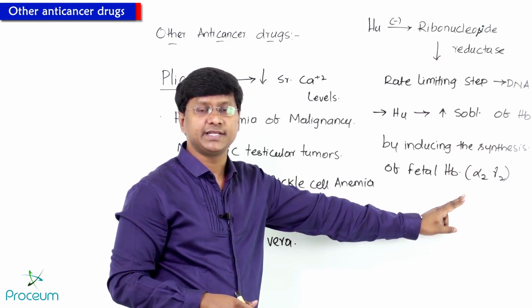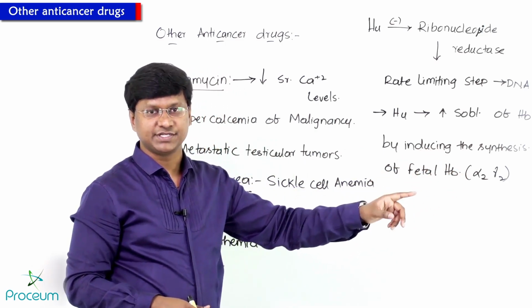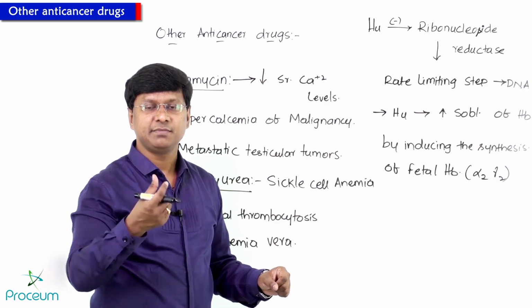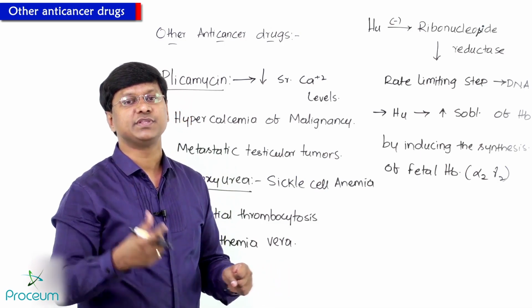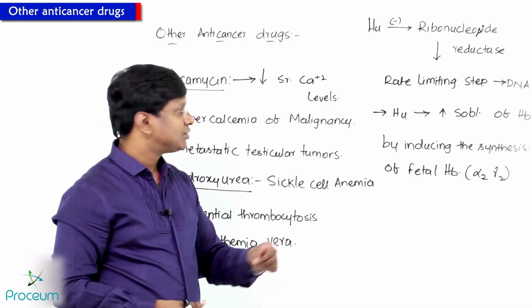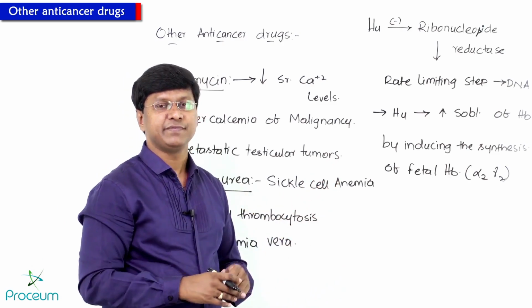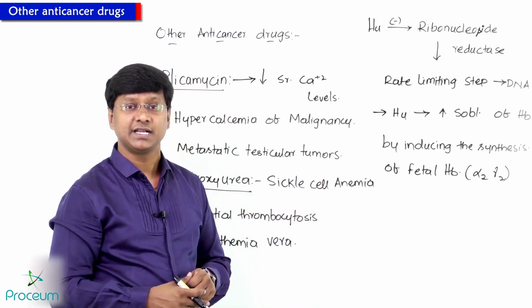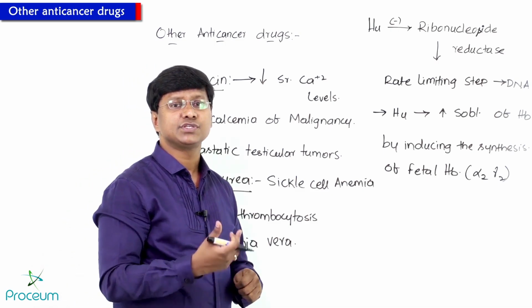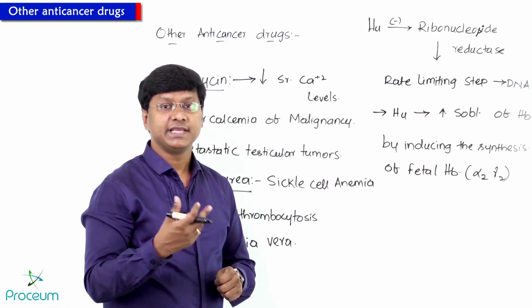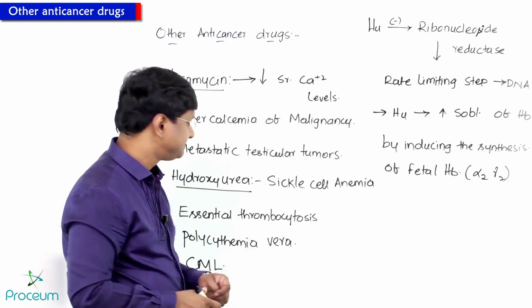Fetal hemoglobin contains 2 alpha chains and 2 gamma chains, whereas in sickle cell anemia the problem is within the beta globin chain. So if you give hydroxyurea, it will prevent the formation of adult hemoglobin and increase the solubility of the hemoglobin by synthesis of fetal hemoglobin.